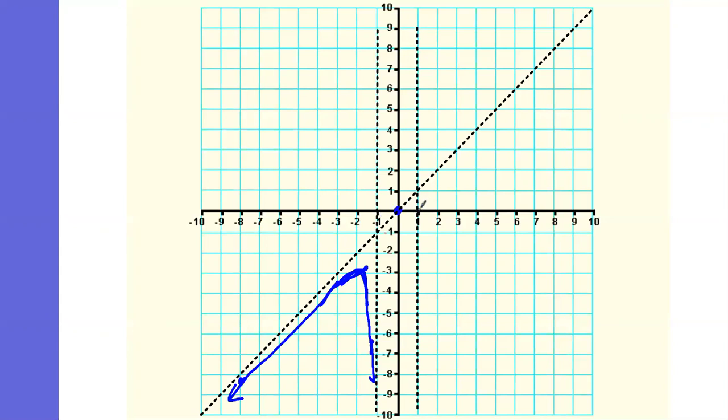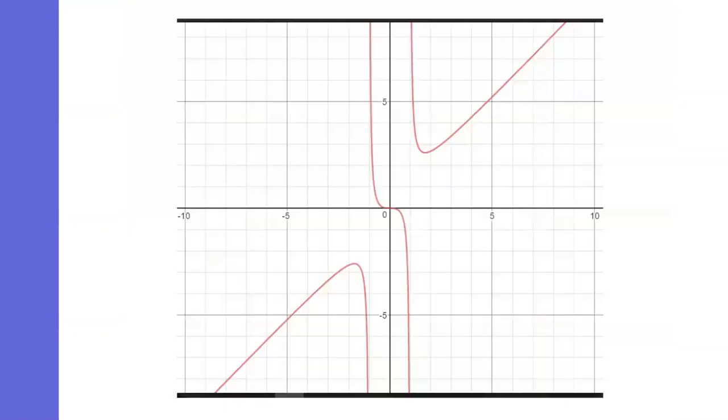Plug in something close to 1, maybe 0.9. Find out where your output is, and then plot the points. And over here, maybe I would plug in 1.1, maybe a 2 or a 3, and then maybe an 8 or a 9, something out here. But if you do all these steps correctly, this is what your final answer should look like for your graph of this function.